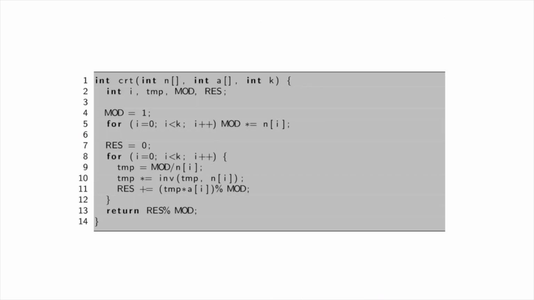In code, what we do is we first compute the modulo n, the product of all moduli. Then we compute the magic numbers, here the mi, and finally we add the corresponding term to the result.